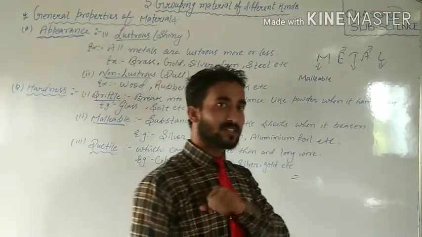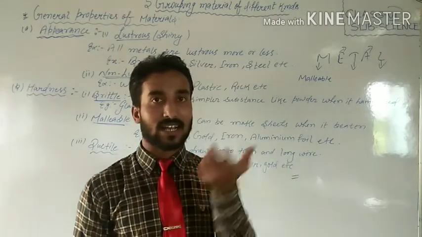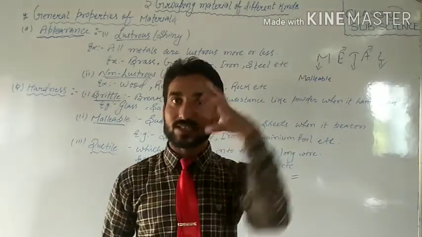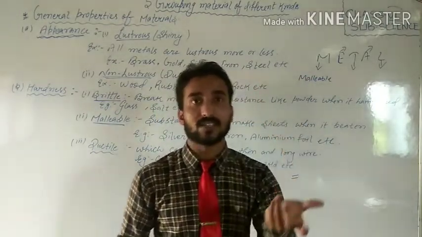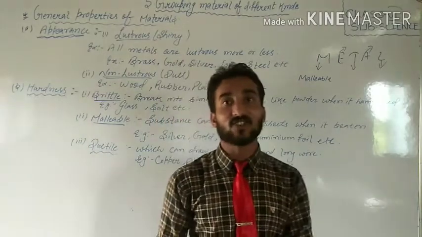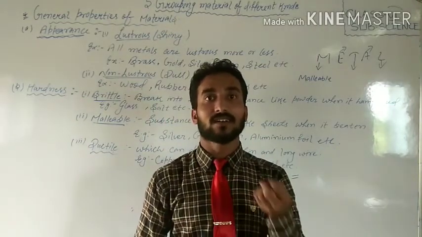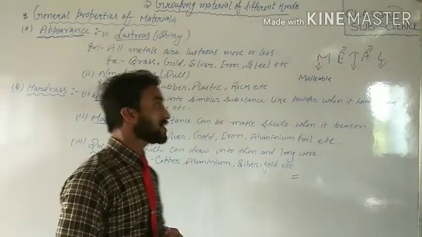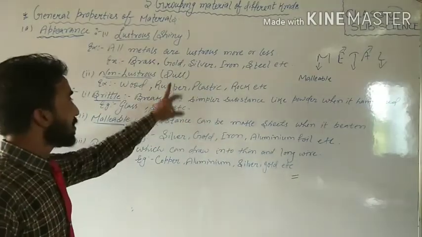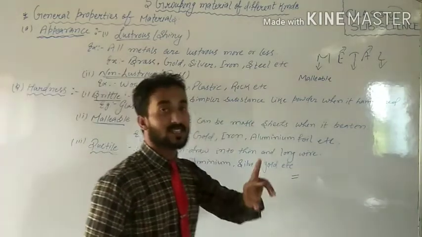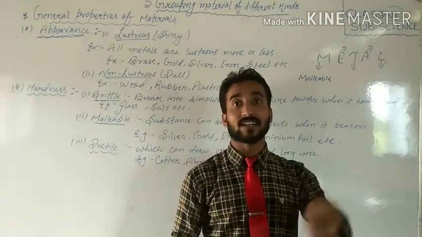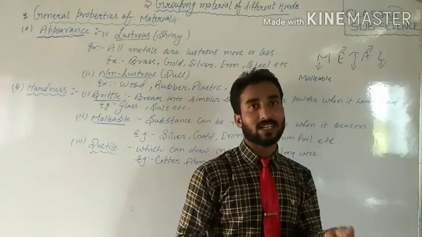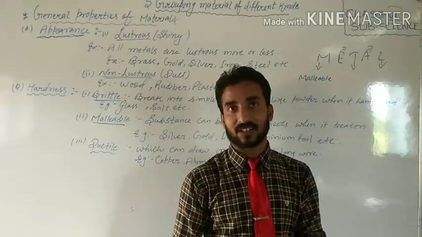Are you getting my point, students? Suppose you are holding a bulb anywhere in your room and suddenly it falls down. What happens in such conditions? The glass breaks into simpler substances. Are you getting my point, students? In the same way, a brittle material breaks into simpler substances like powder when hammered. Whether intentionally or suddenly by mistake, doesn't matter.